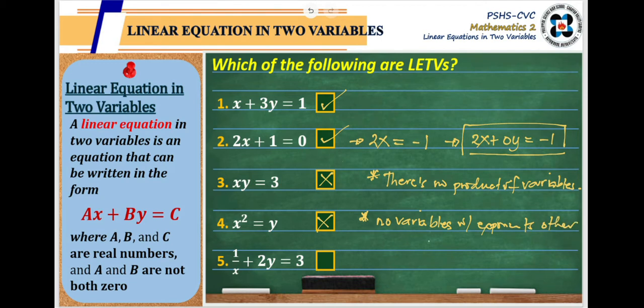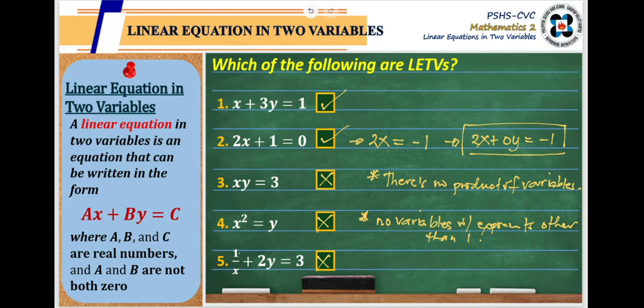Then last, number 5, 1 over x plus 2y is equal to 3. This one is not a linear equation in two variables. We cannot write it in the form ax plus by is equal to c because of the presence of the variable in the denominator. So one term has 1 over x, and we can see that there's a denominator of x here.